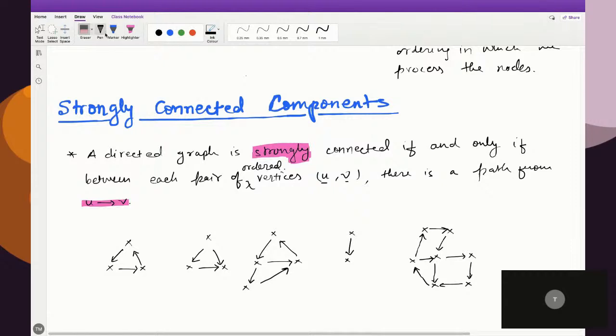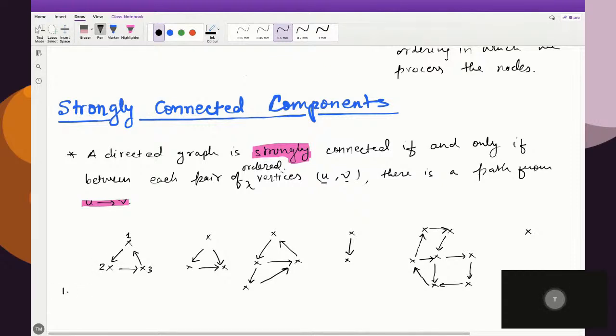Maybe this is written too close, so let me write it here. Which of them are connected and which are not? I will only take this one for this example, and label the nodes.